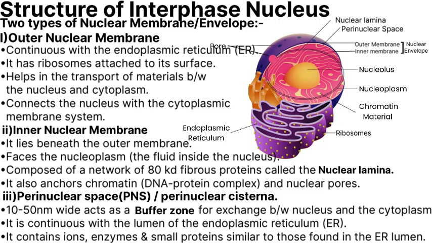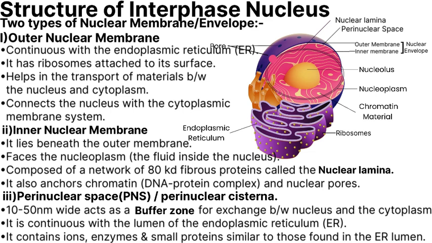The membranes of both organelles, the nucleus and the ER, are similar in their structure and chemical composition. The thickness of both membranes is similar, and they both provide a site for the attachment of ribosomes. However, no ribosomes are attached to the inner nuclear membrane because it is closely associated with the chromatin materials.